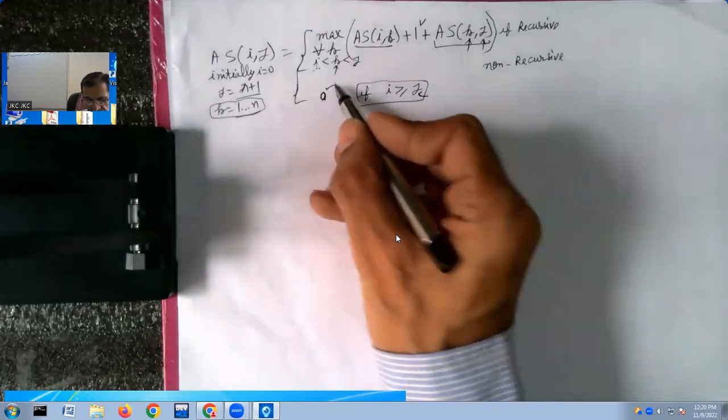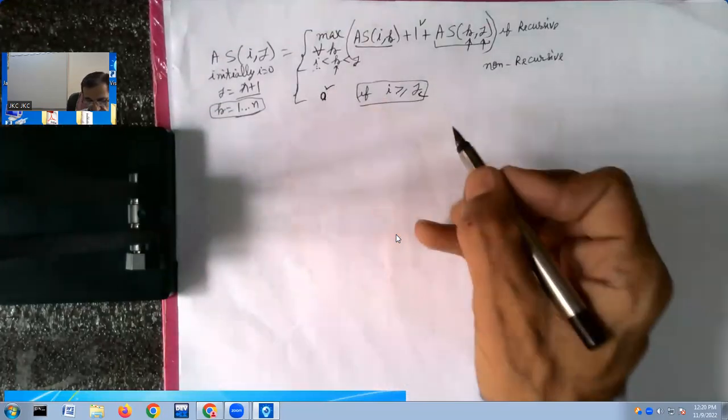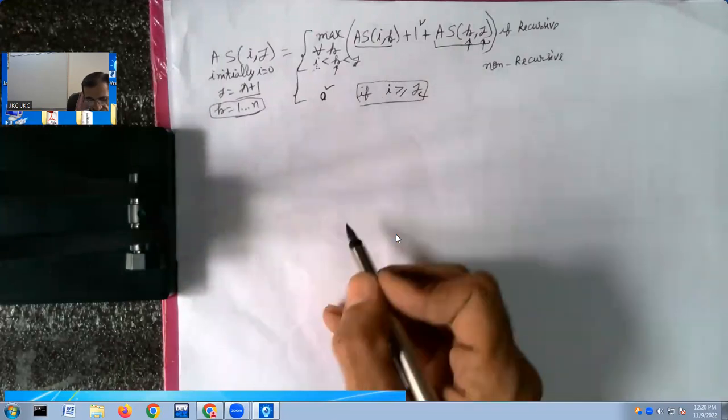At that time no further job will be compatible because nothing is left in the sub problem size.